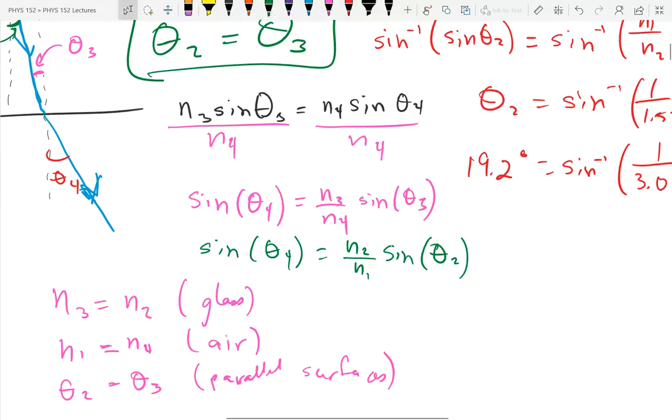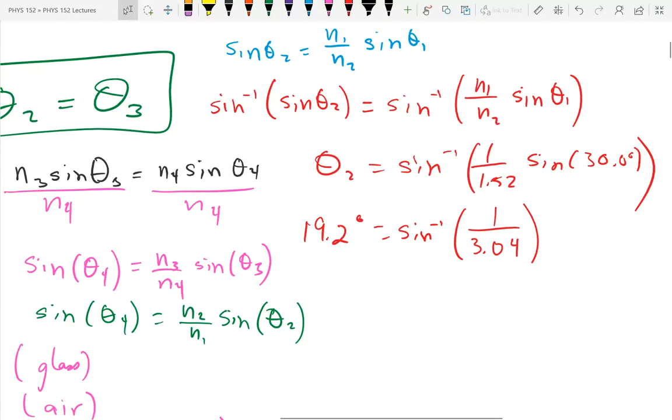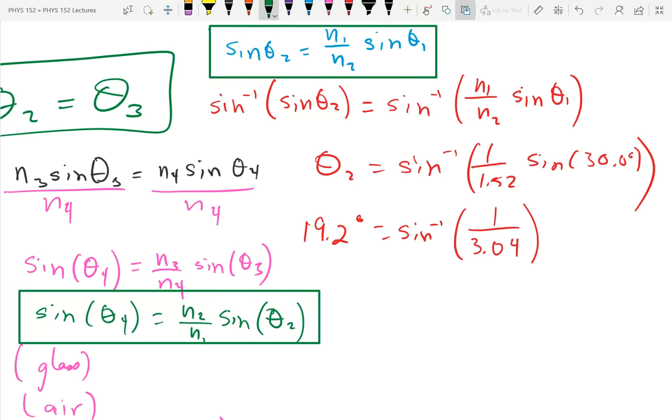But then if we look up to what we've already done, oops, wrong one. Well, I solved it the wrong way.